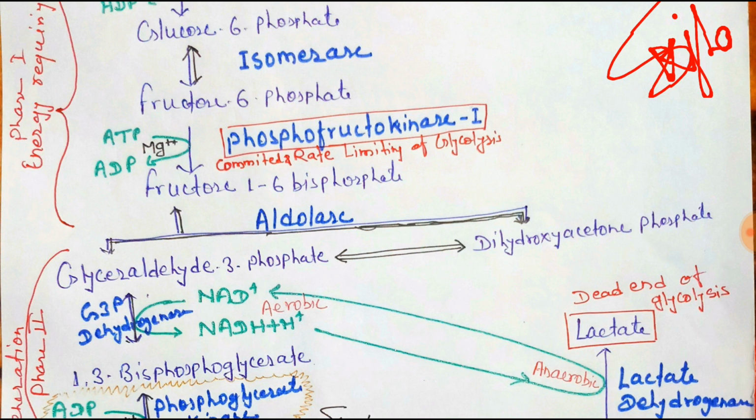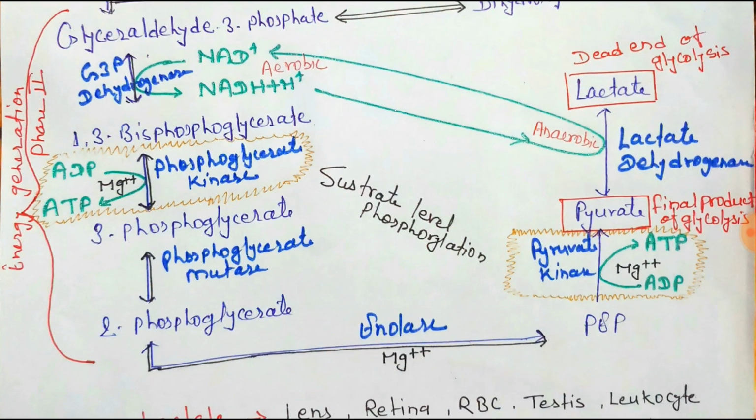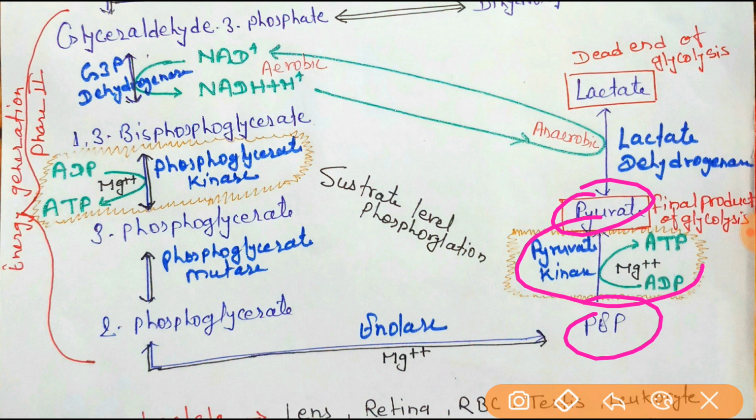Next irreversible step is PEP converted to pyruvate. Here ATP is formed. 3 steps in glycolysis are irreversible reactions, while all the other steps are reversible.